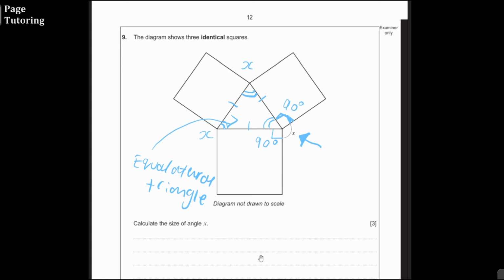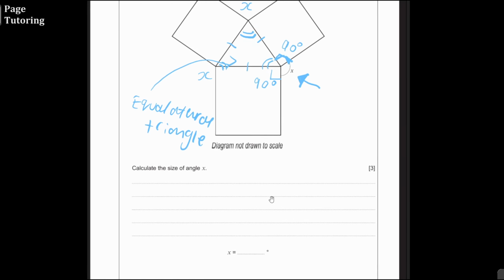Well, in total, how many degrees is in a triangle? You should know a triangle is equal to 180 degrees. So there are 3 angles inside that triangle, adding up to 180 degrees, that means each one of them angles must be equal to 180 degrees divided by 3, equally distributed between them 3 corners.